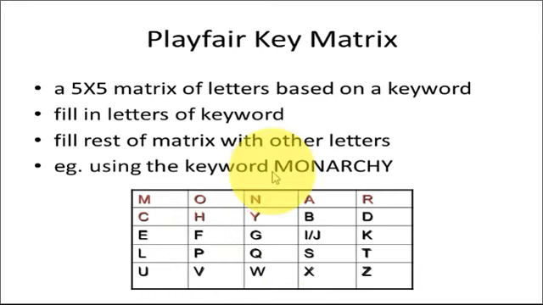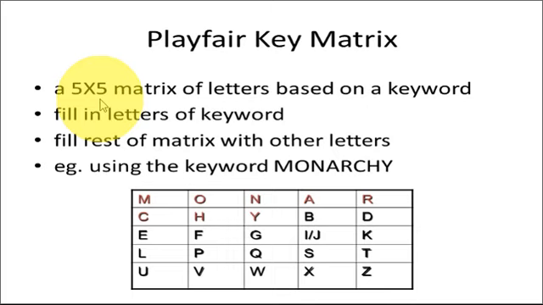So this is the Playfair key matrix. We know that the alphabet is 26 letters. If you fill the letters in a matrix, we go for 5 cross 5, that is 25 cells, so 25 letters we can fill.